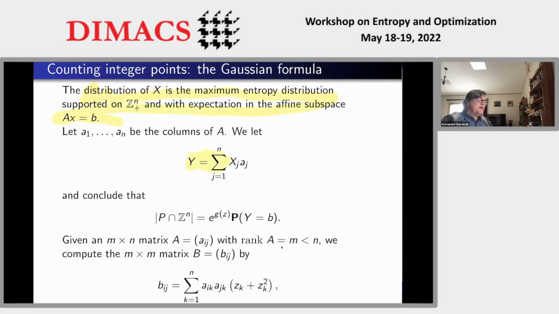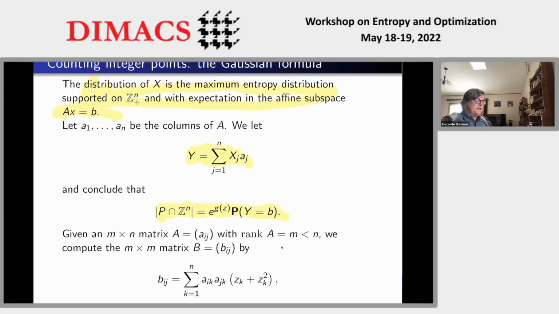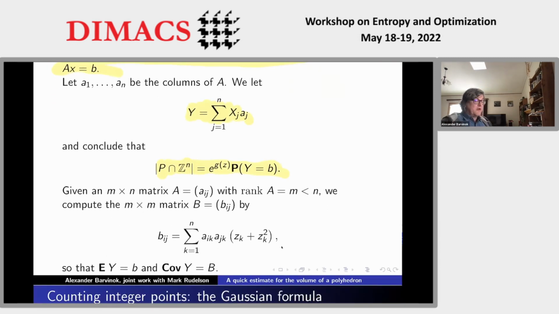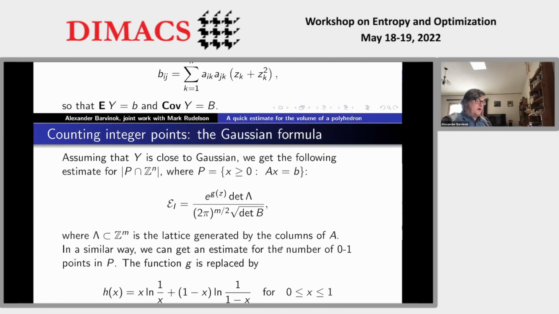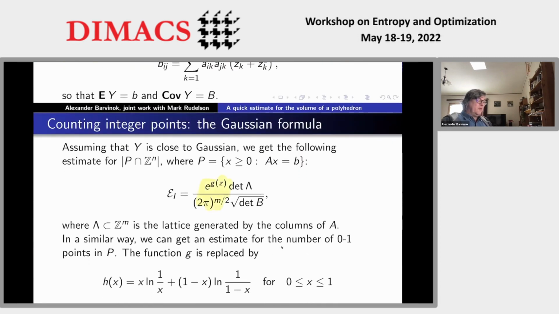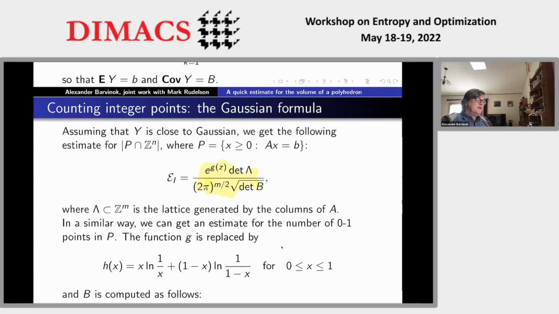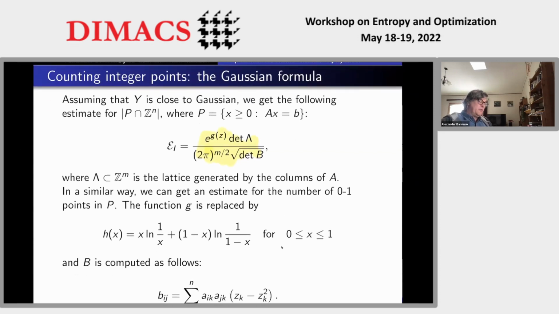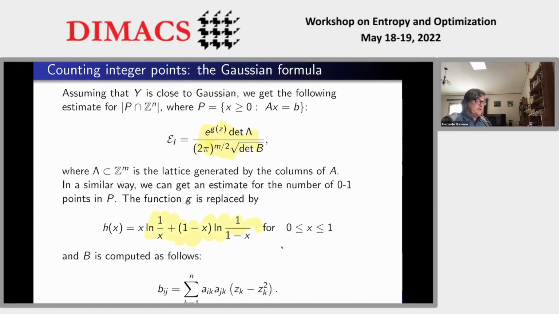So we introduce a random variable, which is the sum of independent random variables weighted by the columns, and we can express the number of integer points in terms of the probability that this discrete random variable hits its expectation. And then we can just hope that maybe, just maybe, nothing else seems to work, maybe the central limit theorem works. And assuming that it works, we get a bound, right? And we can pull the same trick with counting 0-1 points, we get another bound.